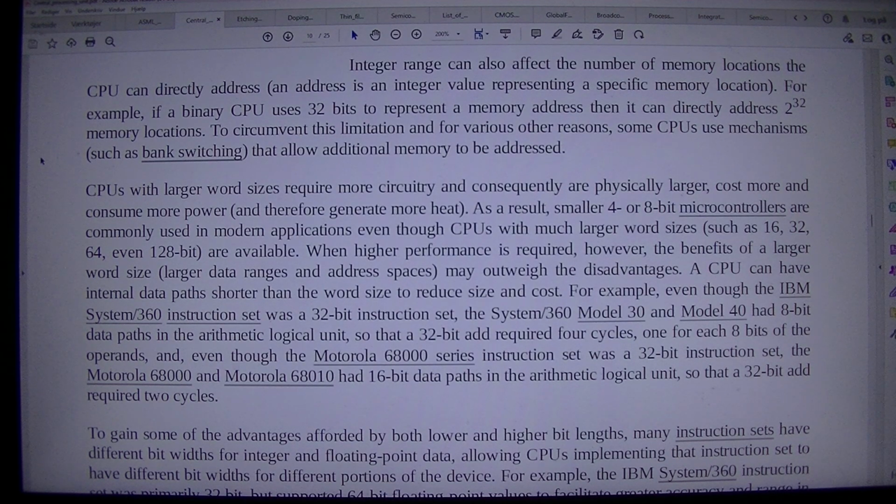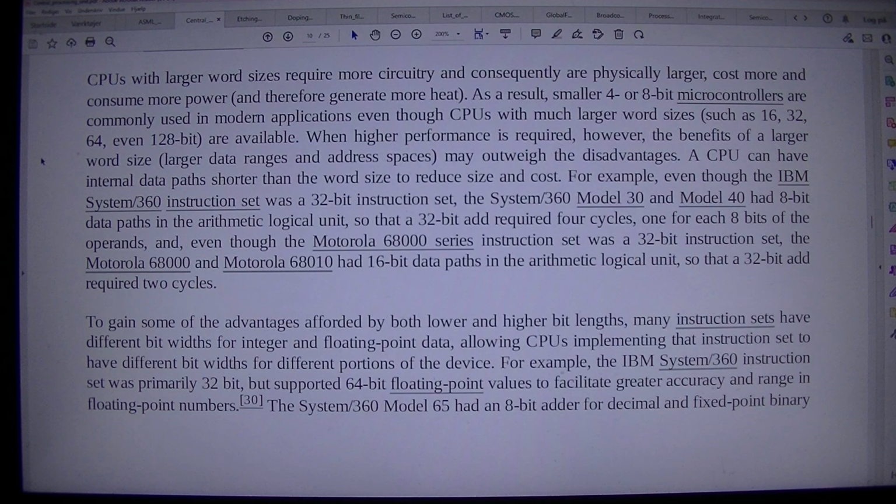CPUs with larger word sizes require more circuitry and consequently are physically larger, cost more and consume more power, and therefore generate more heat. As a result, smaller 4 or 8-bit microcontrollers are commonly used in modern applications, even though CPUs with much larger word sizes, such as 16, 32, 64, even 128-bit, are available.